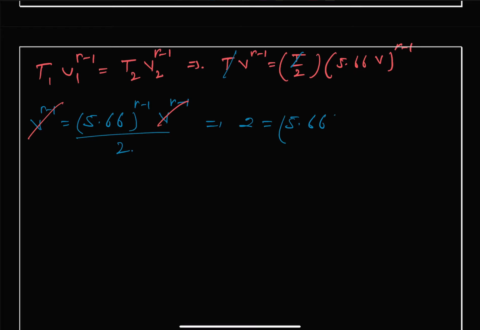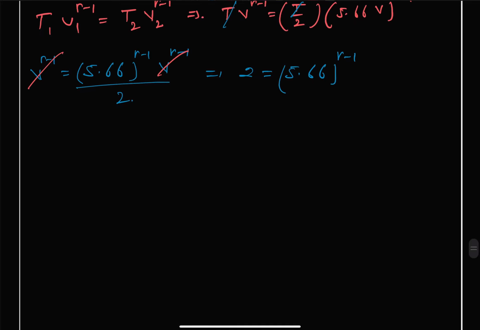2 is equal to 5.66 raised to gamma minus 1, and we can just take our log term and we get natural log of 2 is equal to gamma minus 1 times natural log of 5.66.